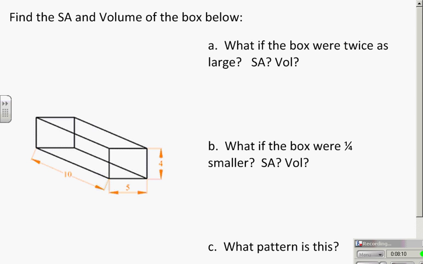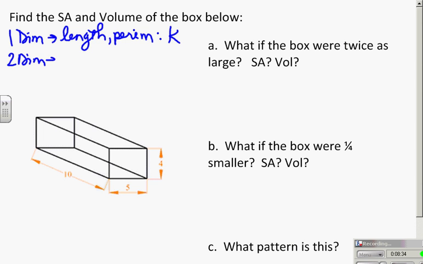Now that brings up a review type problem. In the similarity unit, we talked about how surface area and volume were related to size changed figures. And if you remember, one dimension, so talking length and perimeter, varied by a factor of k. It got k bigger or k smaller.